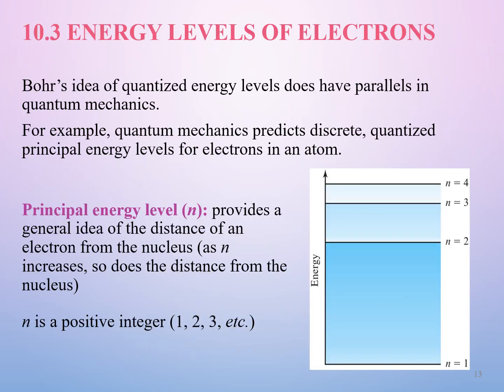So when we start talking about quantum mechanics, we have both natures, the particle nature and the wave nature. So here we want to talk about how we predict discrete, quantized principal energy levels.